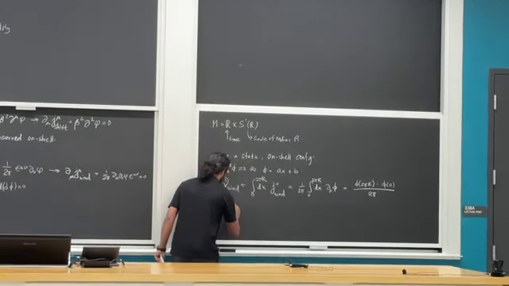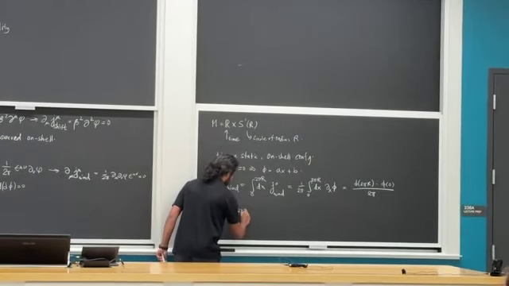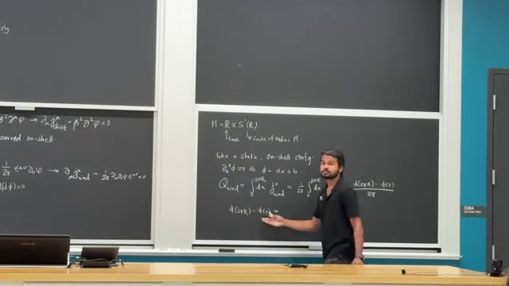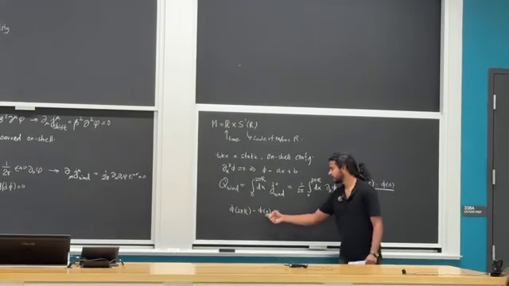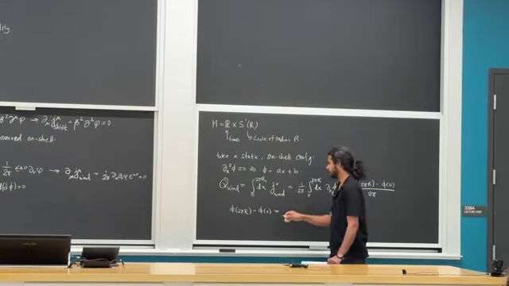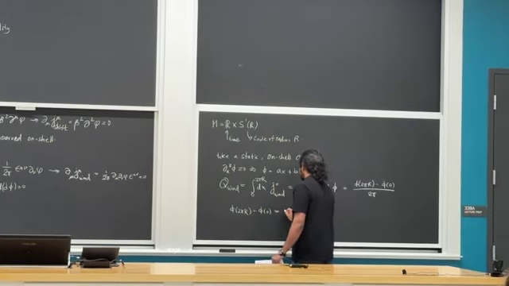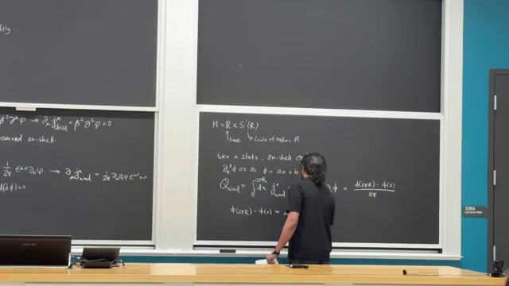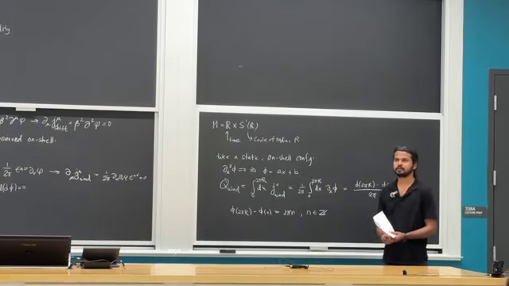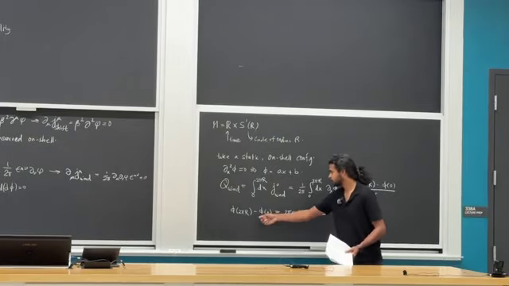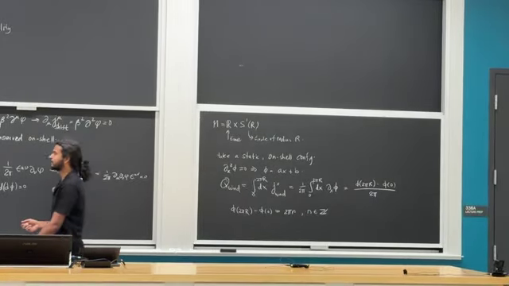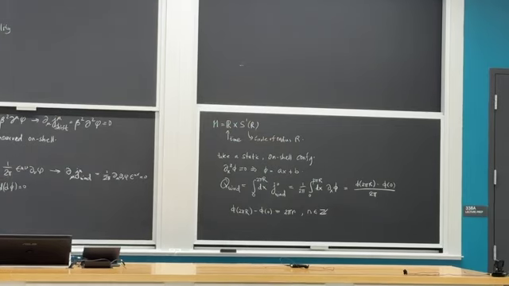Naively, I would expect this to be equal to 0 because I would identify the field at the same point. But now I will relax it to this. If phi at 2 pi r is phi of 0 plus 2 pi n, it's practically the same thing because of this identification.